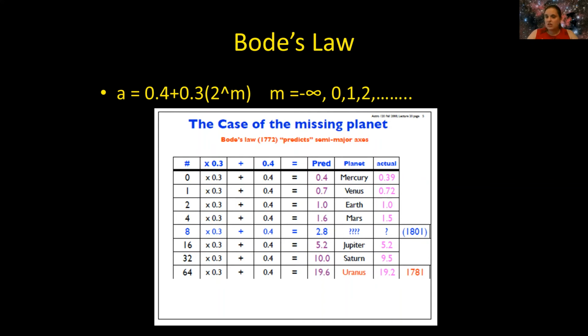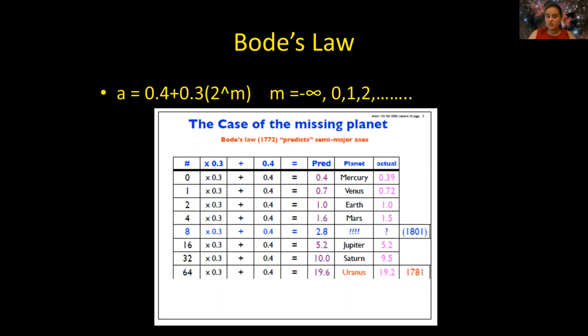Because visually, you can't see Uranus, Neptune, or Pluto with your naked eye. You can see Mercury, Venus, Earth, Mars, Jupiter, and Saturn with your naked eye, whereas Uranus, Neptune, and Pluto require a telescope. So he was trying to mathematically predict where the next planet should be.